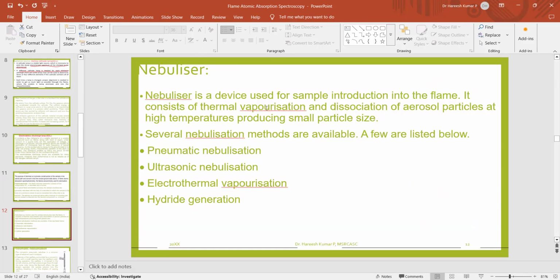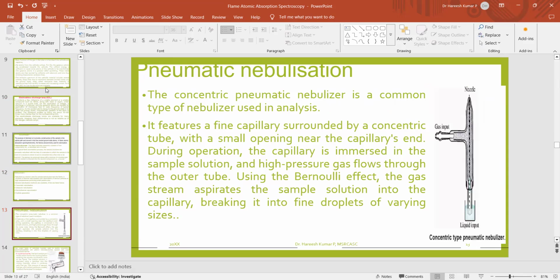A nebulizer is a device used for sample introduction into the flame. It consists of thermal vaporization and dissociation of the aerosol particles at a high temperature, producing a small particle size. Several nebulization methods are available. A few are listed below: pneumatic nebulization, ultrasonic nebulization, electrothermal vaporization, and hydride generation. Let's look into the first one, pneumatic nebulization.